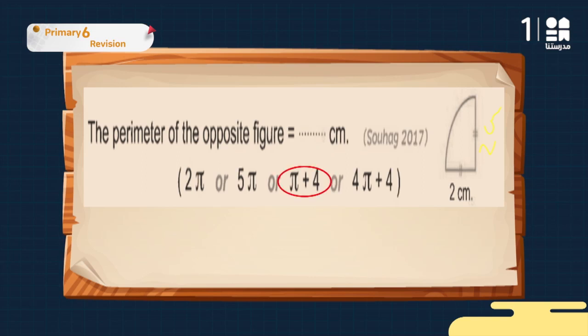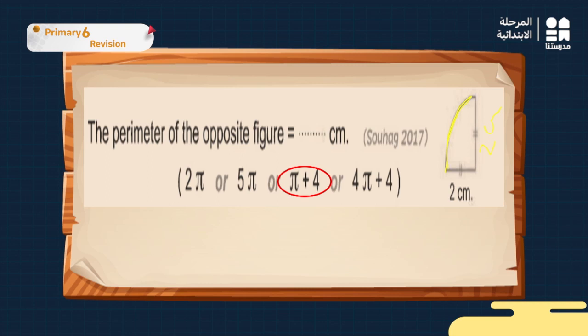So if I do so, the answer is supposed to be pi plus 4. Again, first I will find my circumference, the whole circumference. Then I will divide it by 4. When I divide it by 4, I will have pi. So the result of my answer will be pi. This pi is only the part from the perimeter.